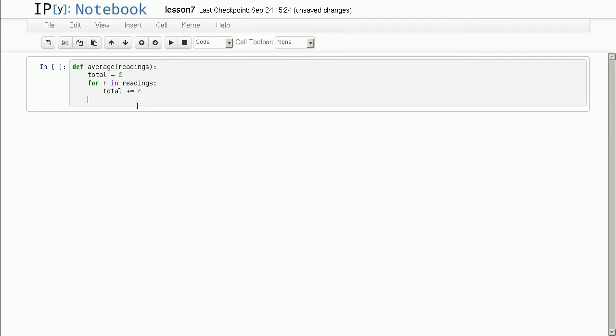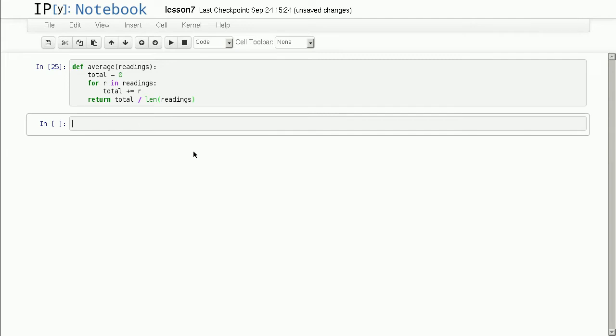At the end, I can return total divided by the number of readings, or the length of readings. Now this is just a simple average. We add them all up and then divide by the number of readings. So let's see what we get when we try this.